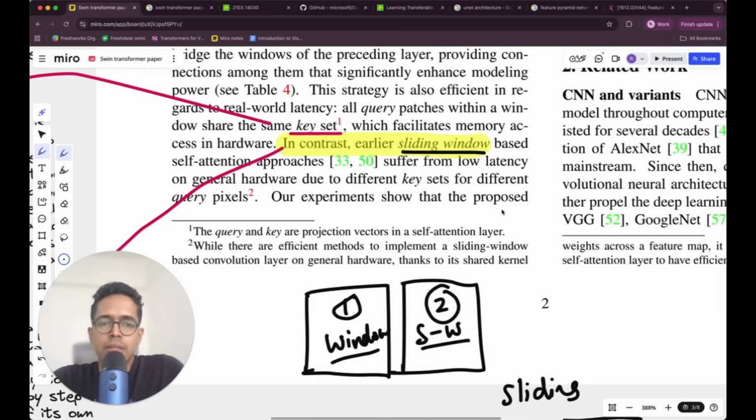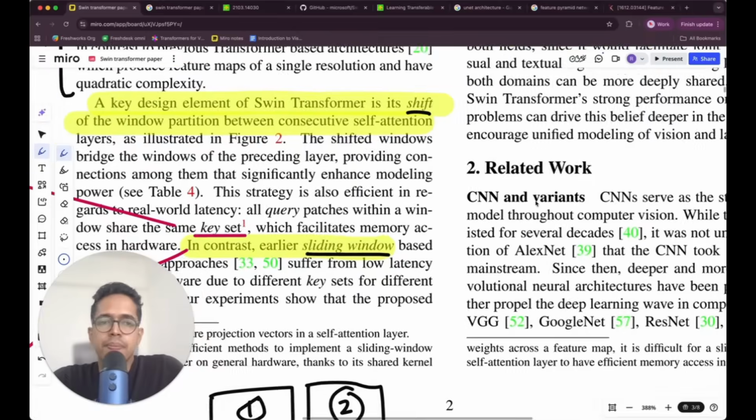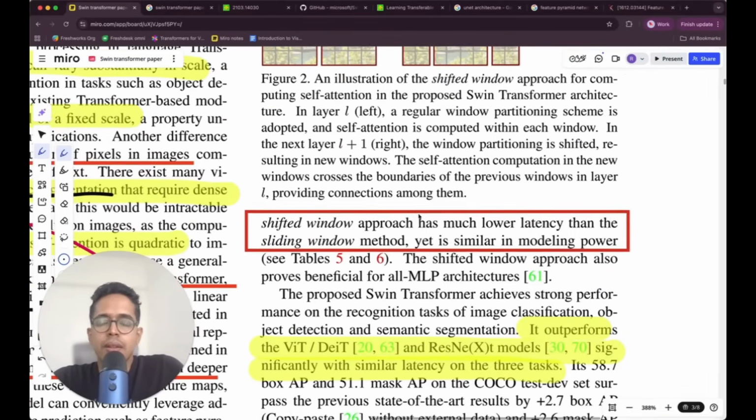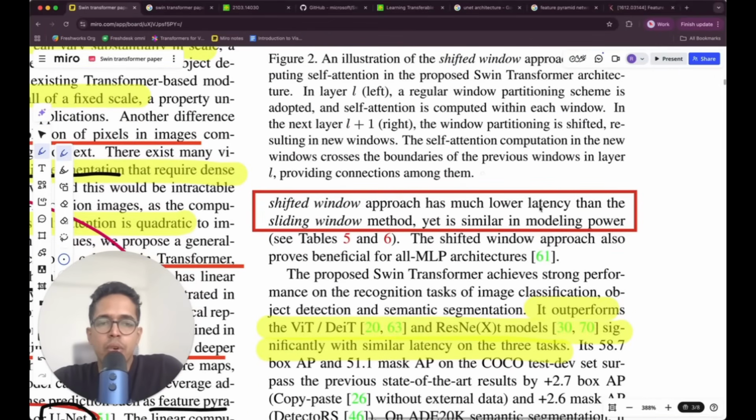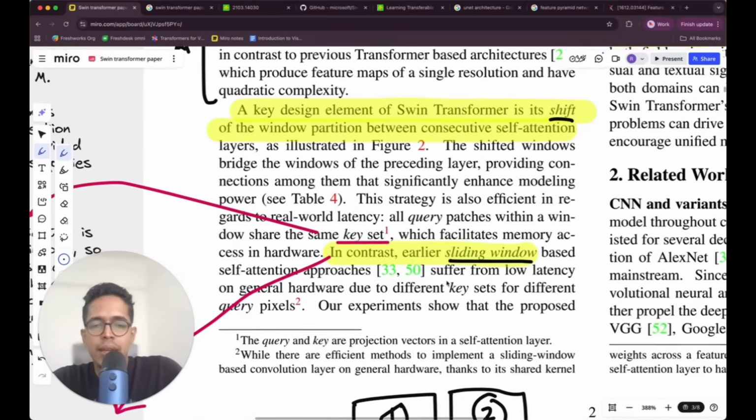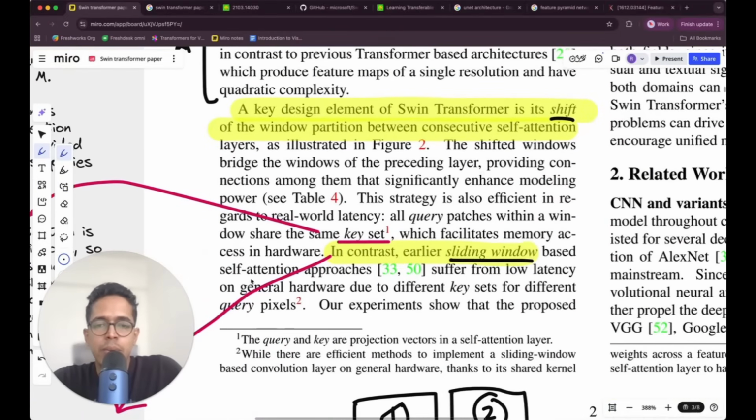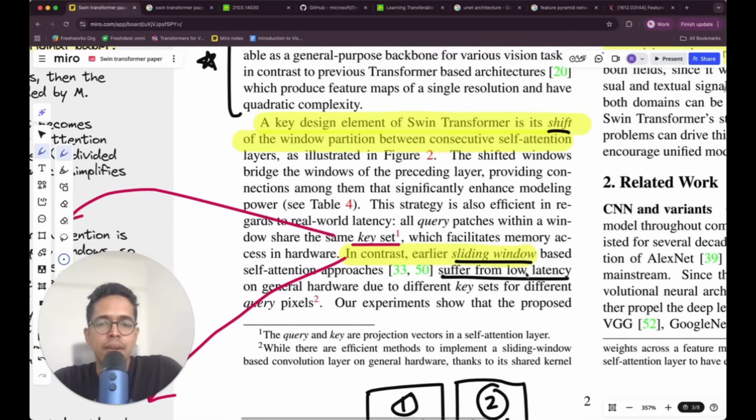Our experiments show that the proposed shifted window approach has much lower latency than the sliding window method." So basically, sliding window had a certain amount of latency. I don't know here whether they actually mean to say low latency, or in contrast, earlier sliding window based self-attention suffers from low latency. I don't know whether they mean suffer from low latency or suffer from poor latency. I don't know what the exact wording was that they meant.